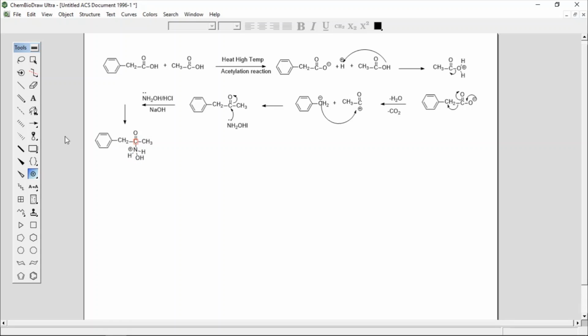And this bond will break between this C double bond O. So we have to write O minus, oxygen anion.